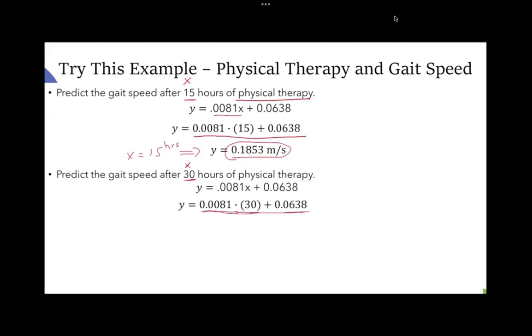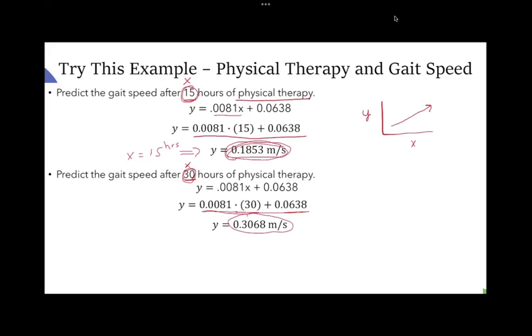Because this is a positive correlation that increases from left to right, as x increases, y increases. So we know if we increase x to 30, the y that we get out is also going to be increased. It's going to be more than 0.1853, and it comes out to be 0.3068. Okay, so there's our increase. We have a faster gait speed for more hours of physical therapy.